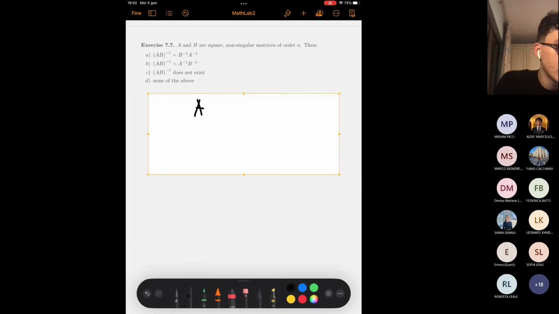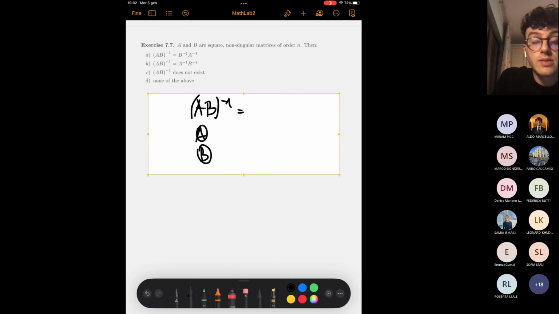So the formula, which is (AB) to the power of -1, is the right formula for calculating this matrix, because it's the product of two matrices: A is the first matrix, B is the second matrix, and we have to calculate the inverse of the product of these matrices.